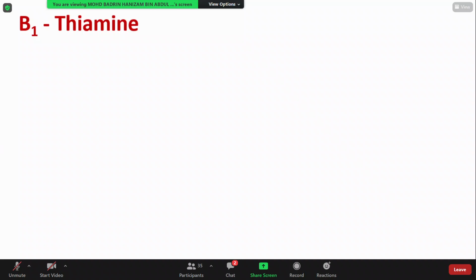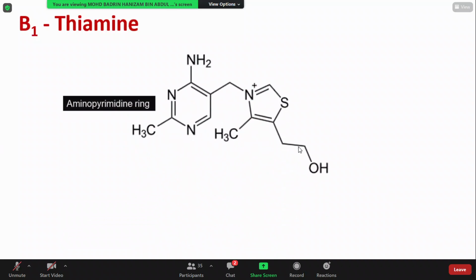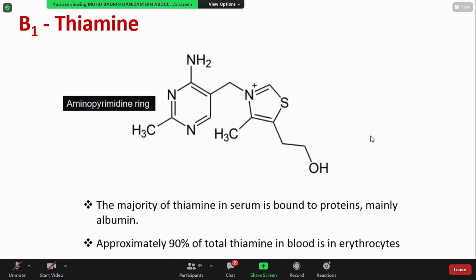Because you are biochemistry students, you need to know the specific name for this vitamin. Vitamin B1, thiamine, right? This is the structure of thiamine. Vitamin B1 contains an amino pyrimidine ring, an amino group attached to the pyrimidine ring.